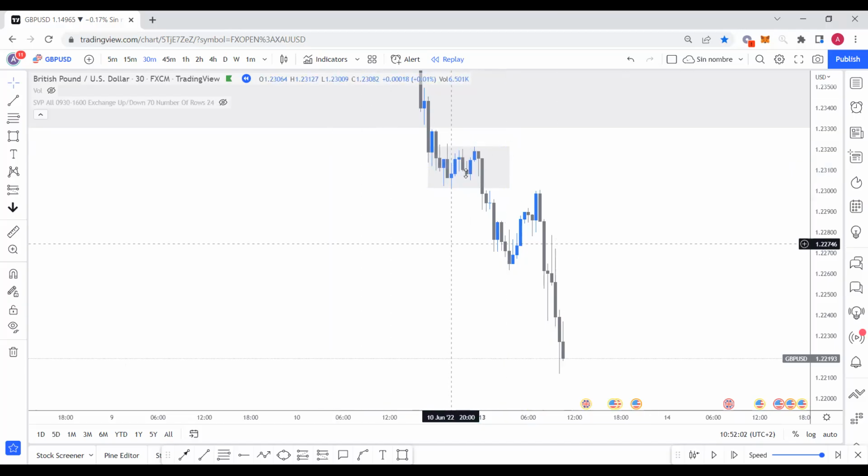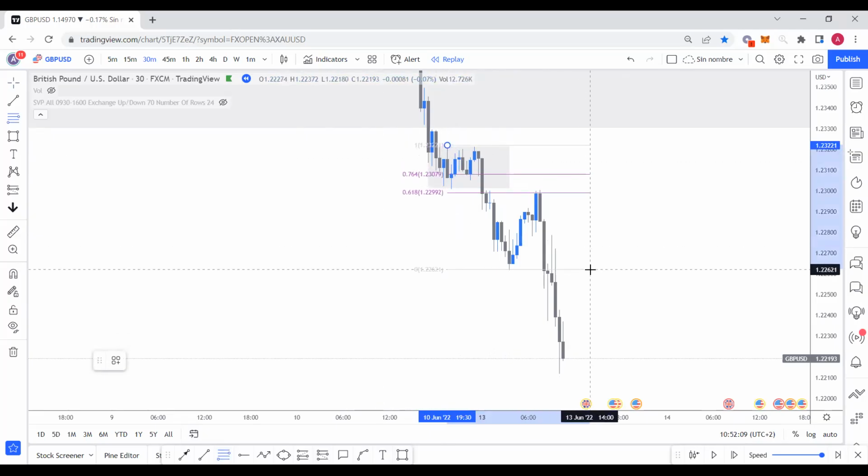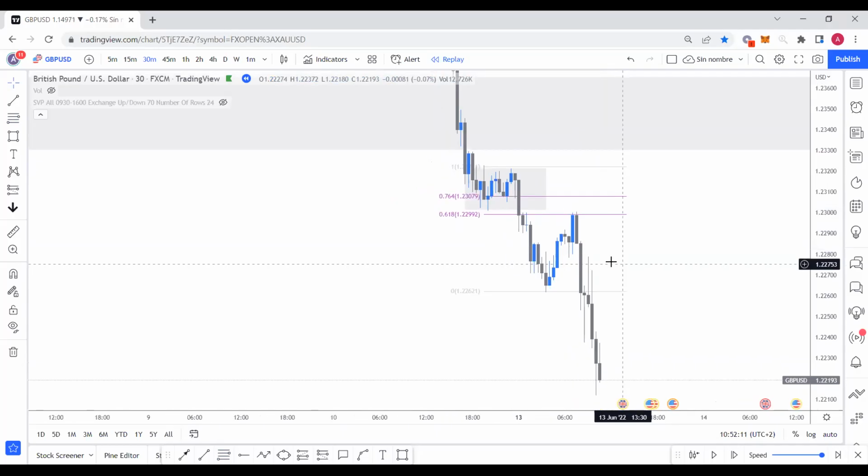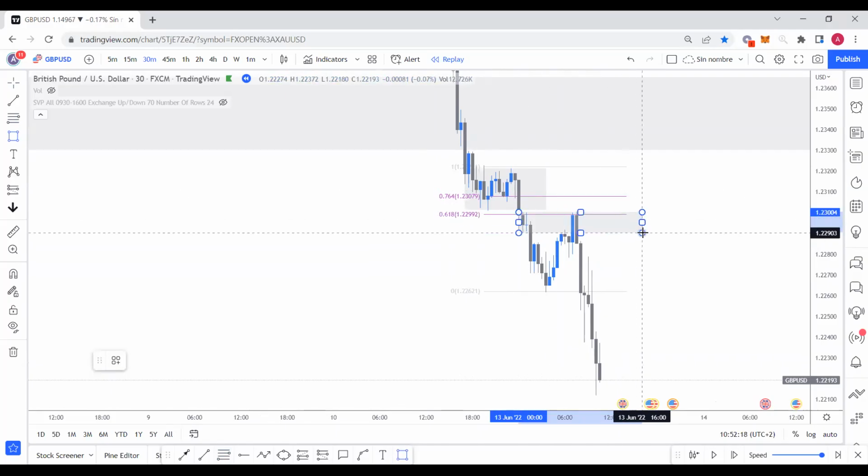Price broke to the downside the range. Then what I would do is trace my Fibonacci from the highest to the lowest point. Then I would also look for the best supply zone. In this case, price respected this supply zone right here.